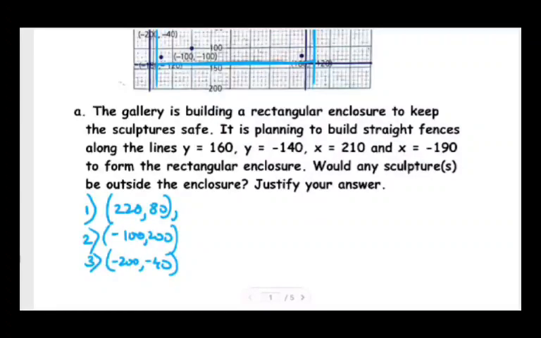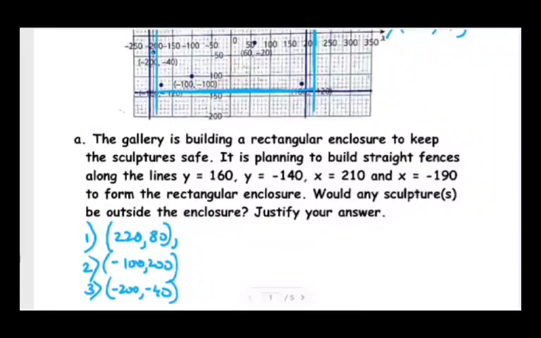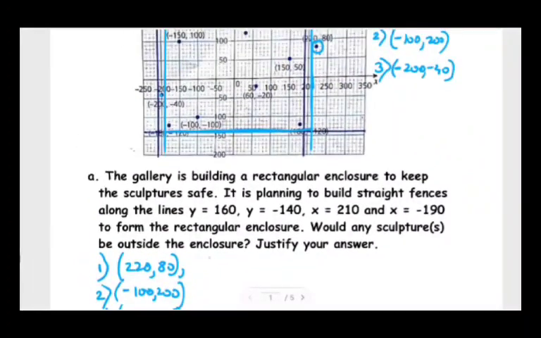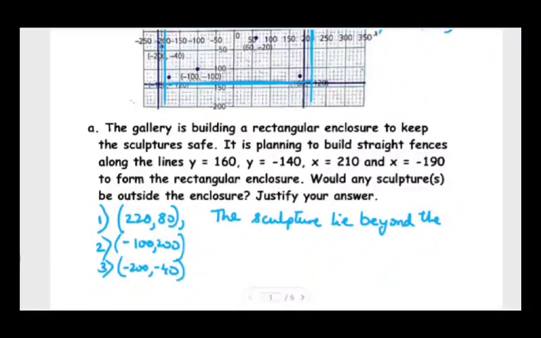The simple justification is that the points or the sculptures lie beyond the lines. In bracket I'm going to write equations.